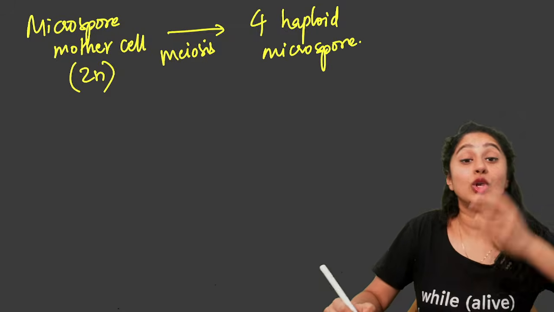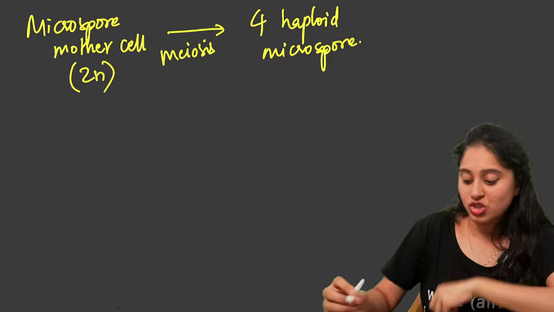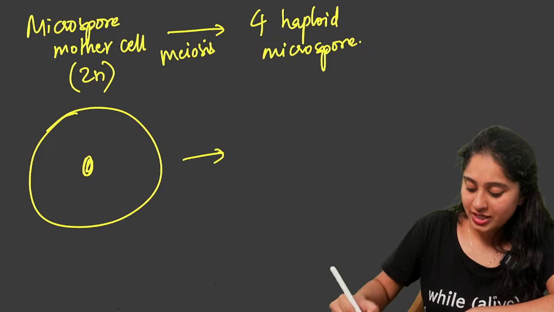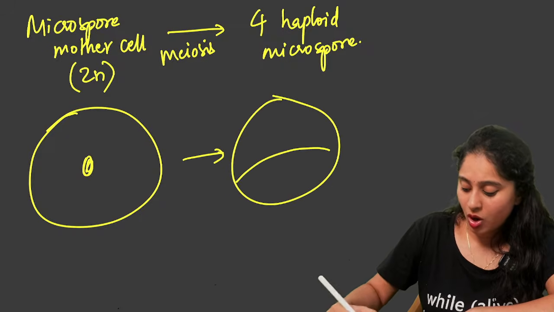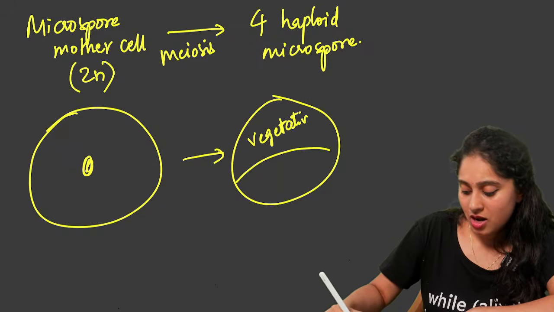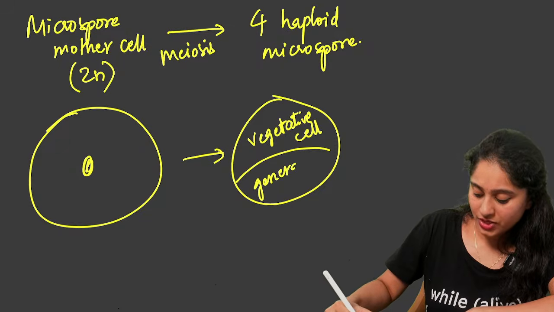If you look at the structure of these microspores, this particular cell further divides and forms a vegetative cell and a spindle shaped generative cell.